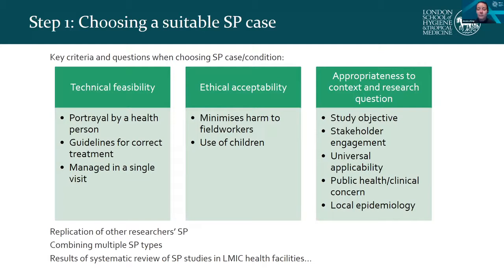Do all the people involved in the study, the stakeholders, agree that it's a fair test of what you're trying to measure? If you want the results to be useful at the end of the study, it's important to make sure at the beginning that the providers, the implementers of any intervention you might be testing, think that this is a worthwhile thing to do. Do all of the health facilities in your study or experiment actually treat this condition?